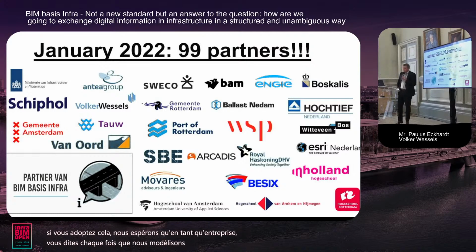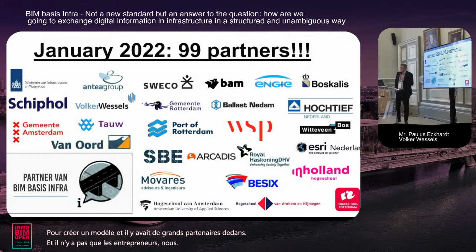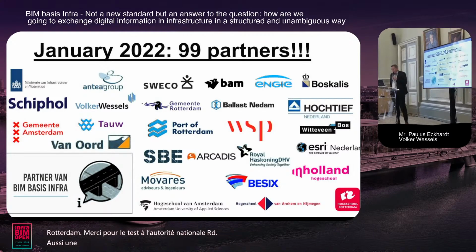And there are big partners in it. And it's not only contractors. We have Schiphol airport, a big asset manager, very important that they adopted. Port of Rotterdam, important. Rijkswaterstaat, the National Road Authority. Also big engineering companies like Sweco or Arcadis.